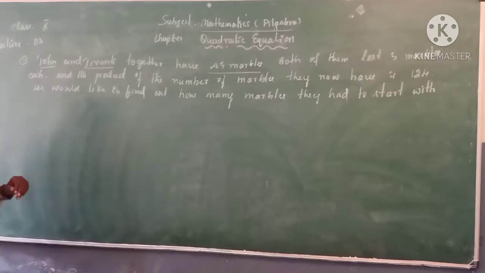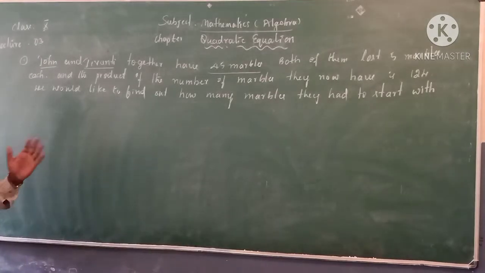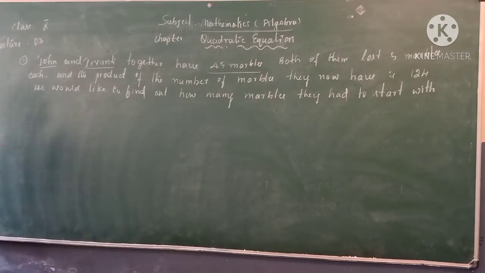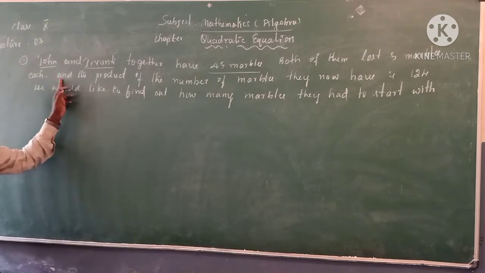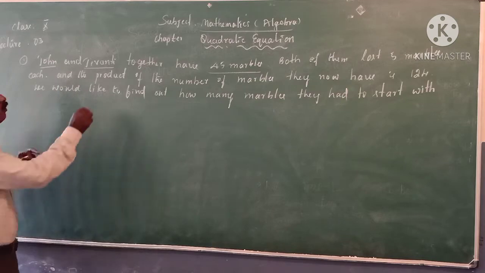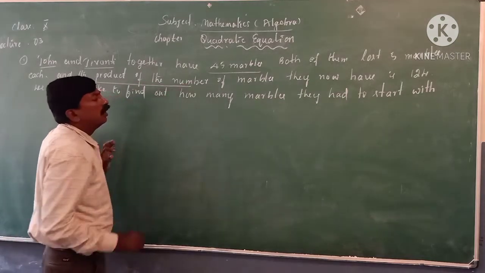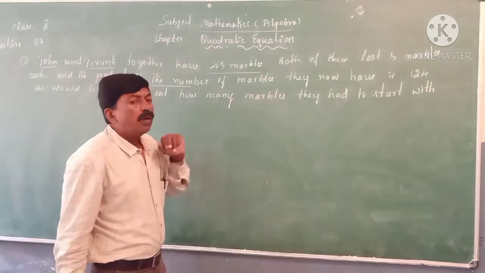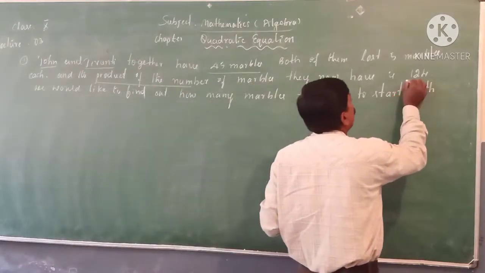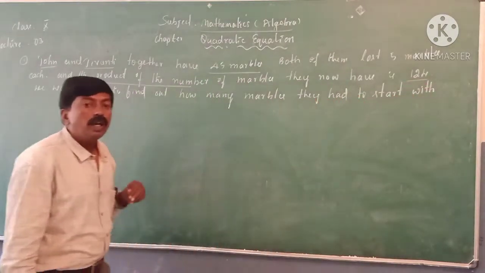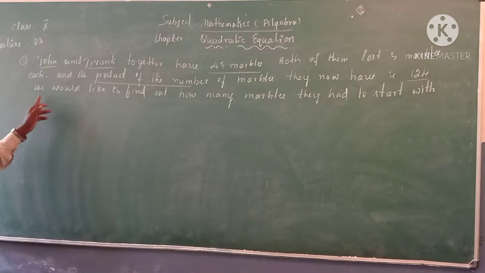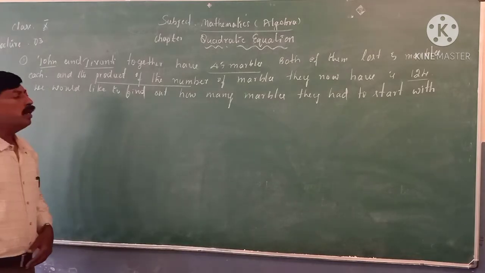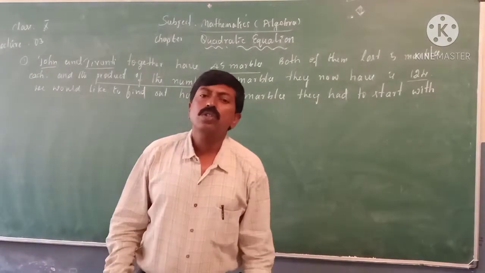Both of them lost 5 marbles each. And the product of the numbers they have is 124. So we would like to find out how many marbles they had to start with.